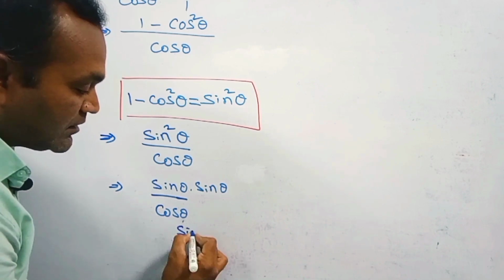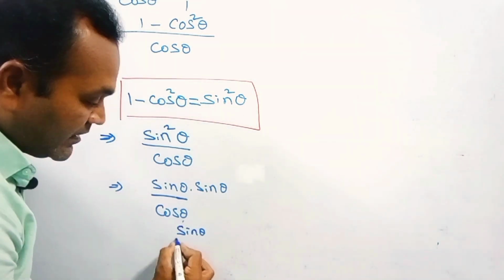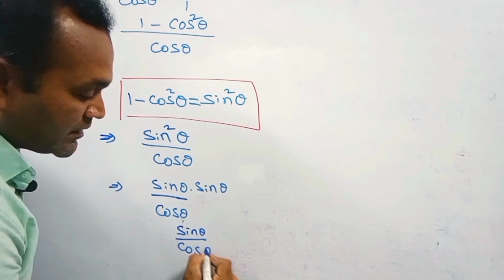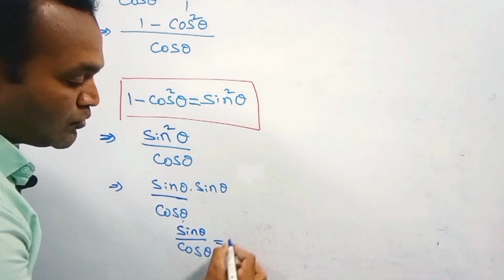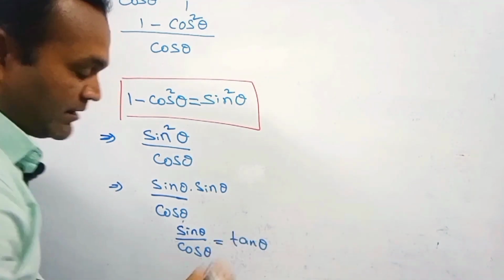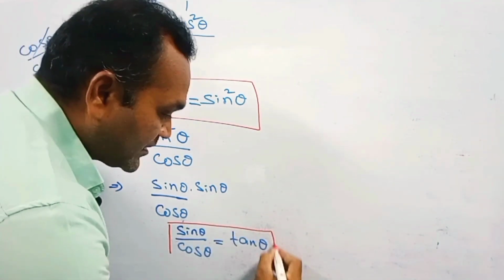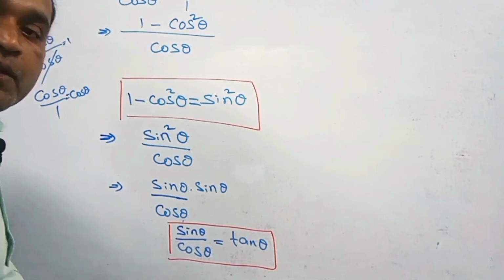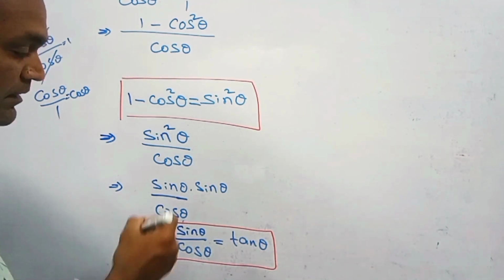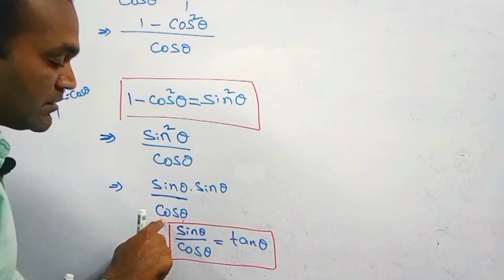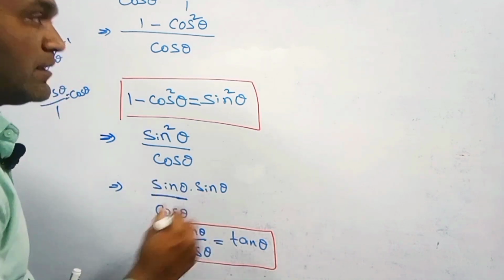So we have the formula sine theta by cos theta equals tan theta. This is our formula. Now instead of sine theta by cos theta, we can write tan theta.